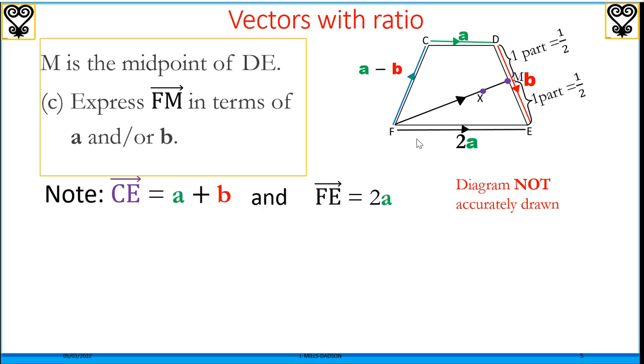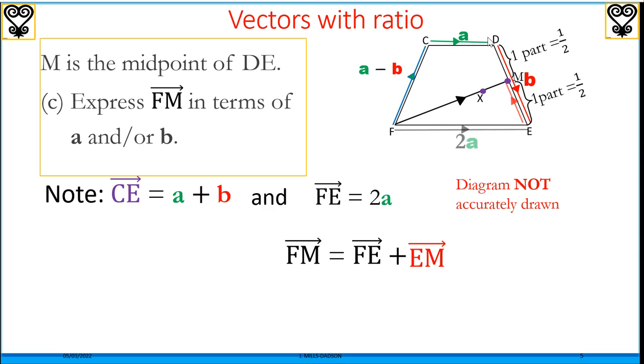To work out FM, you can decide to go vector FC plus vector CD plus vector DM, or vector FE plus EM. I'm going to choose vector FE plus EM because I want to explain something here. So my FM will be equal to FE, which is 2A, plus EM. Now, I know FE as 2A, but EM is half of vector ED.